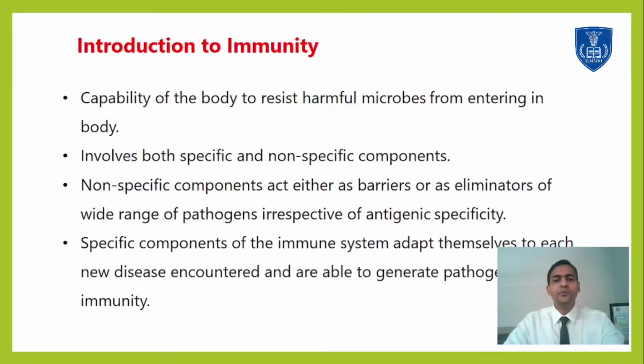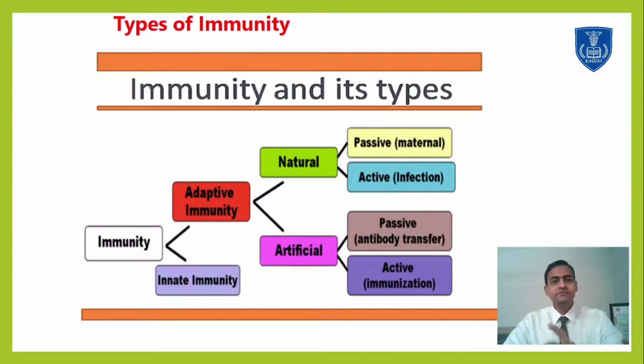Whereas the specific component of the immune system is the work of specific or adaptive immunity, and the response is specific. As we have to give a specific response, the time gap will definitely be there. So this particular slide will make immunity clear to you.